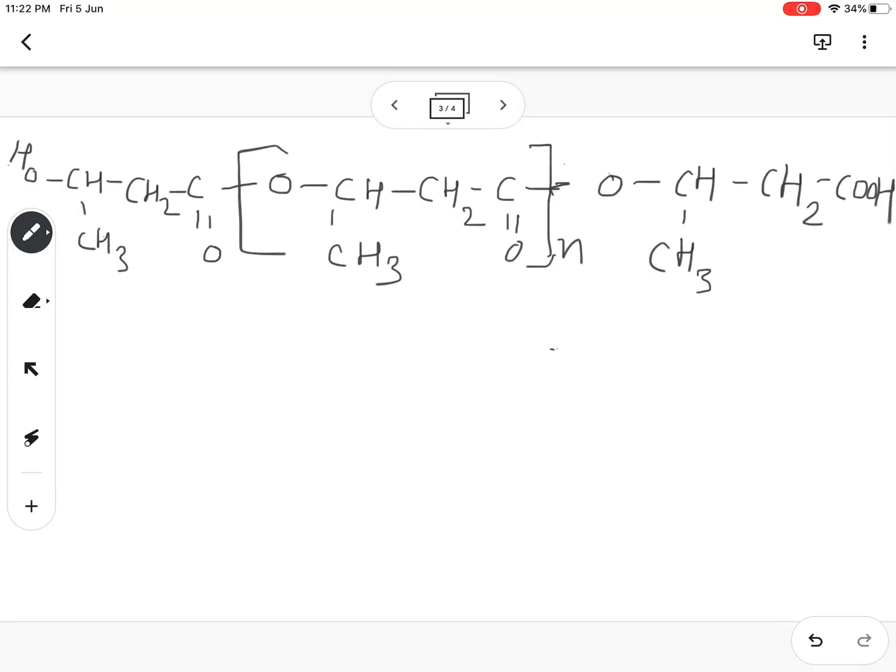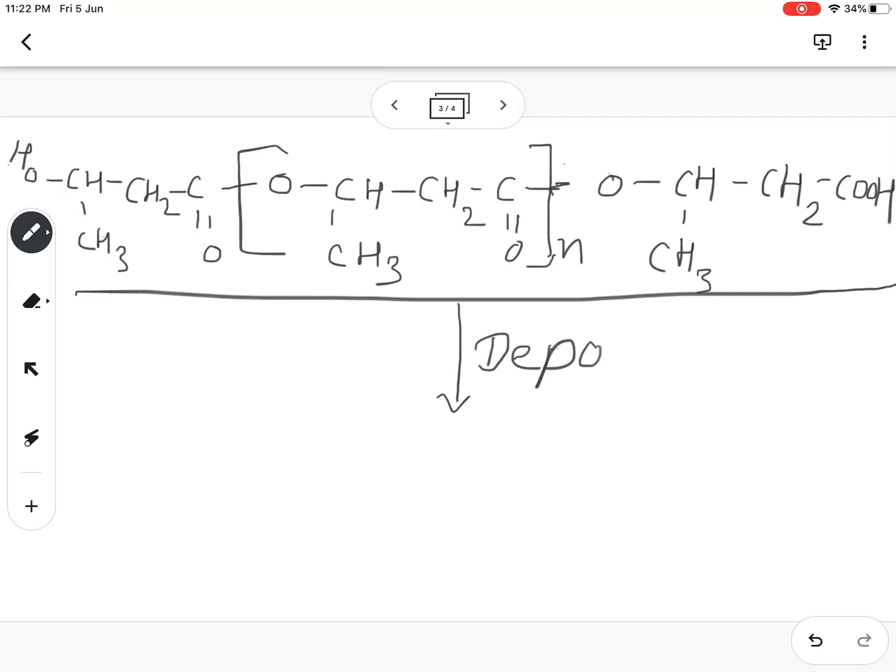So in this way the structure of PHB can be written. So this is polyhydroxybutyrate. The first reaction that this PHB undergoes is depolymerization, which is catalyzed by the enzyme depolymerase.